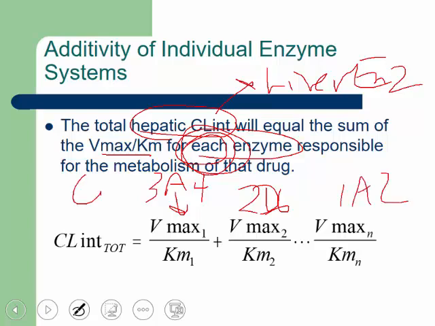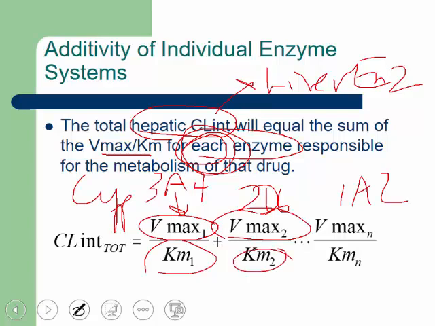These are all CYP systems, right? There will be a Vmax, the number of 3A4 enzymes, and an affinity for those 3A4 enzymes. There will be a number of 2D6 enzymes, and an affinity for those 2D6 enzymes, and on and on. So the total intrinsic clearance is the sum total of each of the enzyme systems added together.